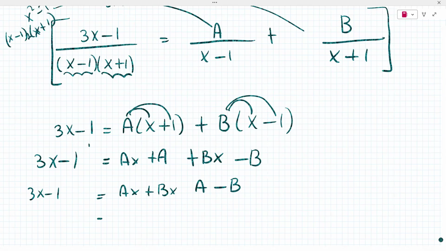Ax plus Bx, you could factor out an x. So that's A plus B times x. And then this is just A minus B. And then this is 3x minus 1.